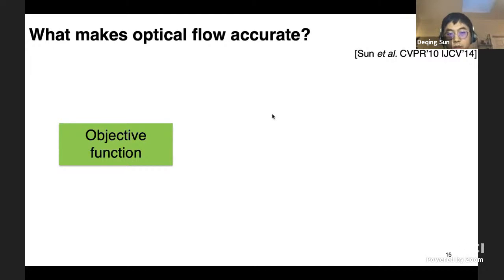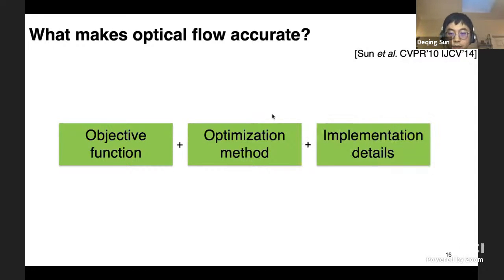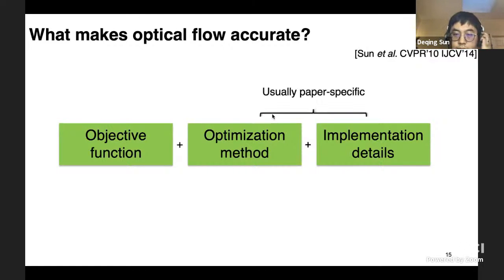But what we did not study well is the optimization method we use to minimize the energy function, and also the implementation details, how we implement the methods. For the latter two, it's usually paper specific, and it's not clear what went wrong.